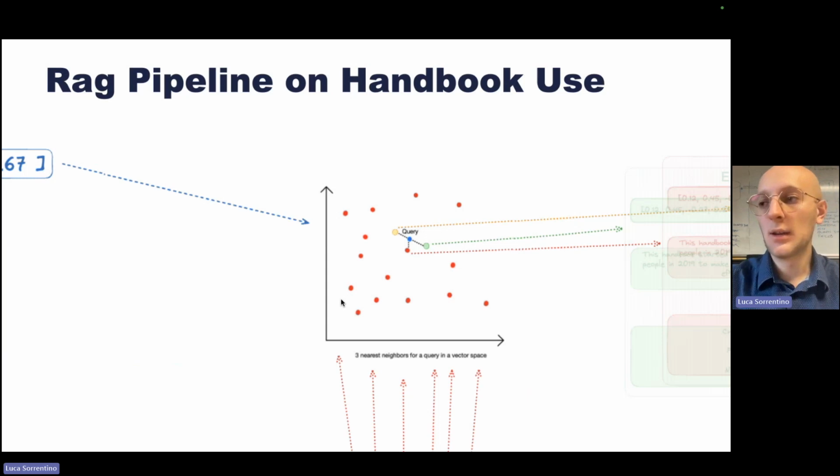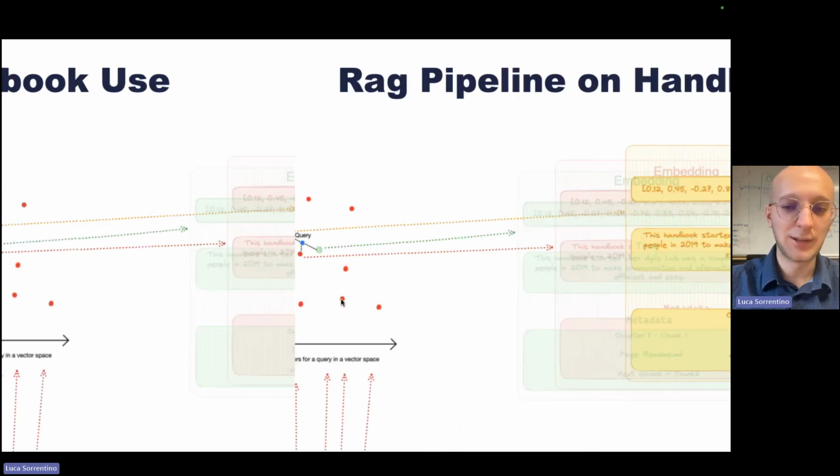So maybe the document that results as the most similar or the most correlated may not be the correct one. Maybe you can have a false positive in the first position, so you have to choose more documents than strictly necessary.